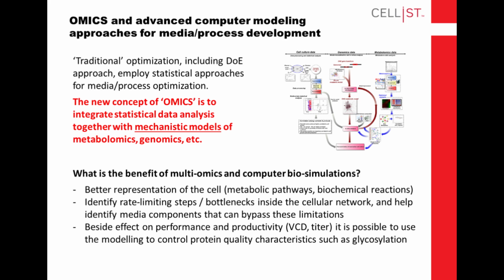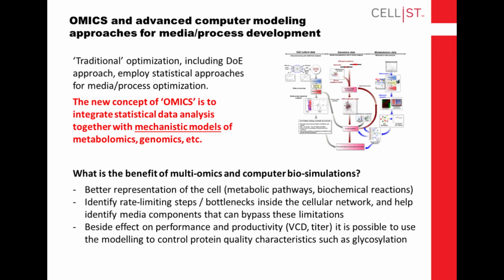But the new concept of the omics is to integrate all the statistical data analysis together with mechanistic models, metabolomics, genomics, a genome scale model of the cell. And the advantages of this kind of analysis is because those models give a better representation of the cell. All the metabolic pathways and biochemical reactions that are known from previous knowledge from the literature are incorporated in this model.